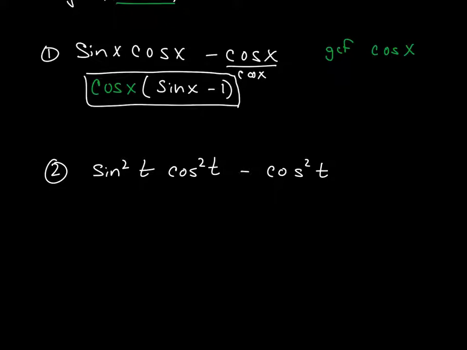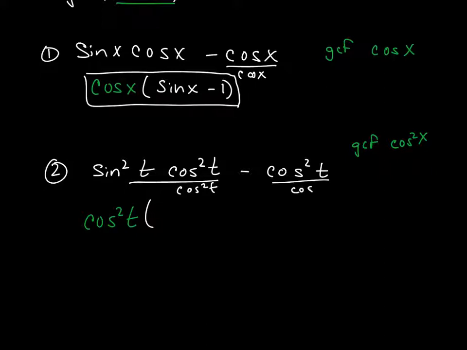Only this time, my GCF is my cosine squared of t. So I'm going to take that cosine squared of t out. And what I'm left with, the first one again, this is taking out the cosine squared of t, I'd be left with the sine squared of t, and cosine over cosine is equal to 1, so that's minus 1.